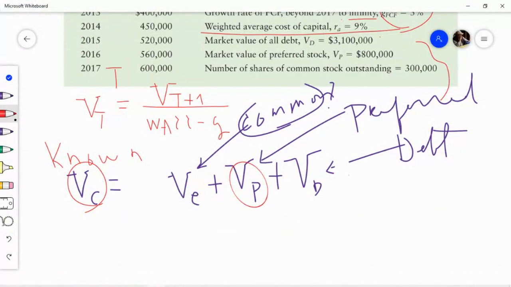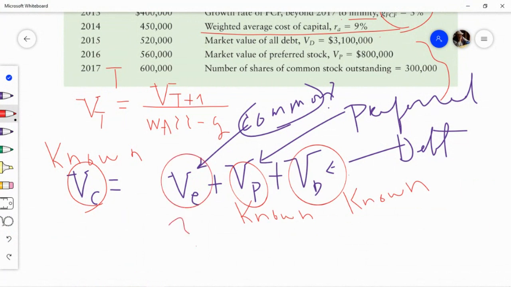And value of the common stock is known? No. Value of the preferred stock is known. Value of the debt is also known. It's all given. And this is what we don't know. Of course, what is this all about? The free cash flow model, all these models were valuation models of equity, common stock.